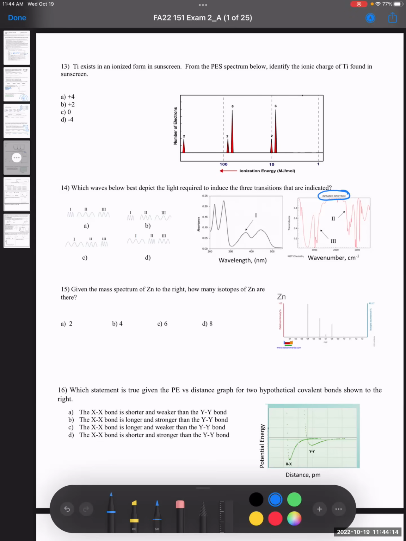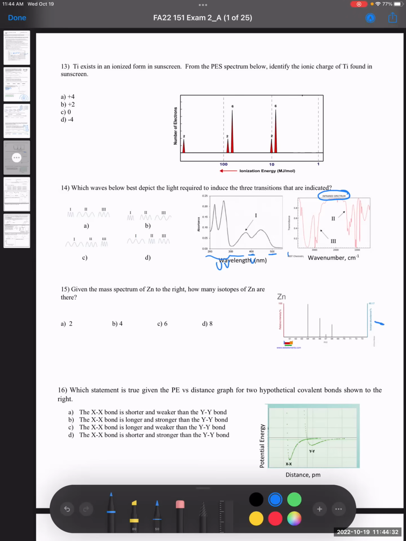this is 500 and this is 400, and then that means this should be violet light, and then somewhere else. So this is in the visible region, and then we're going to have these guys in the ultraviolet region.